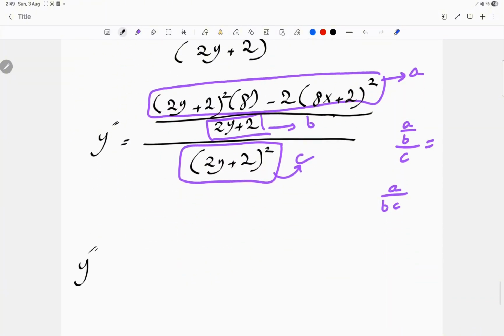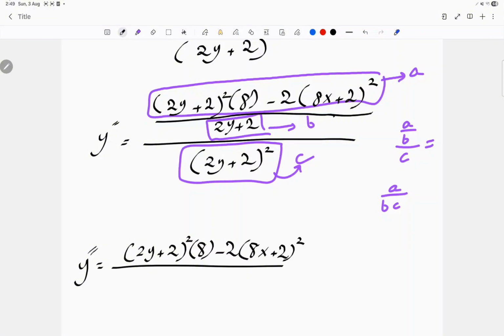So now we're going to say y double prime is equal to a over b times c. Can't you just do it like cube, like 2y plus 2 cubed? Yeah, you could. Sure.